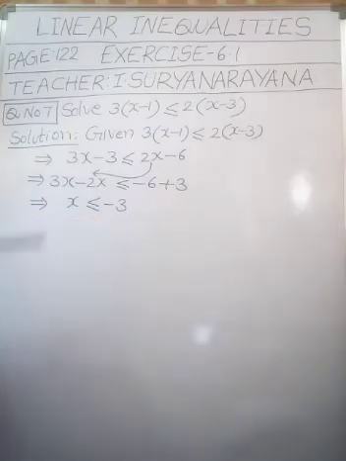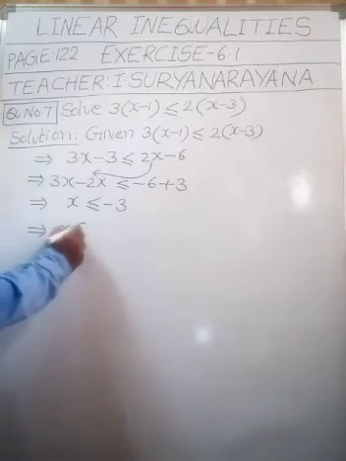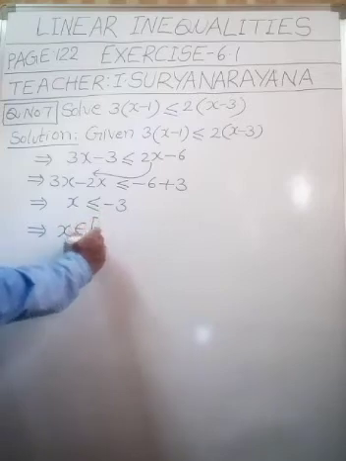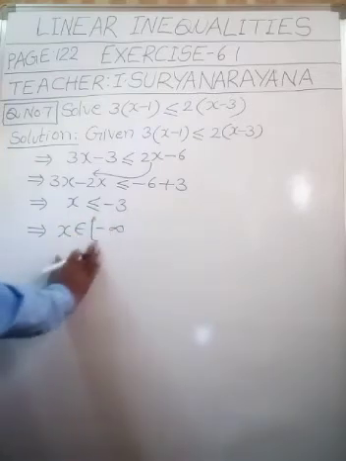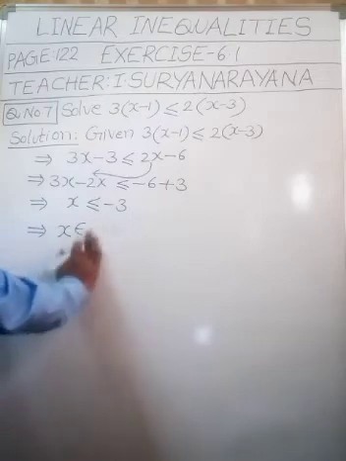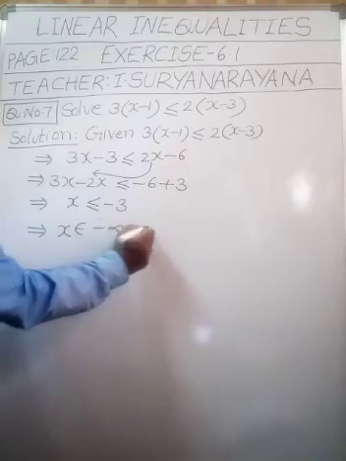Okay, my children. Now we have to write the solution set of this inequality. In the previous question also I wrote the solution set in the form of an interval. So this implies x belongs to the closed interval, x belongs to minus infinity comma minus 3.